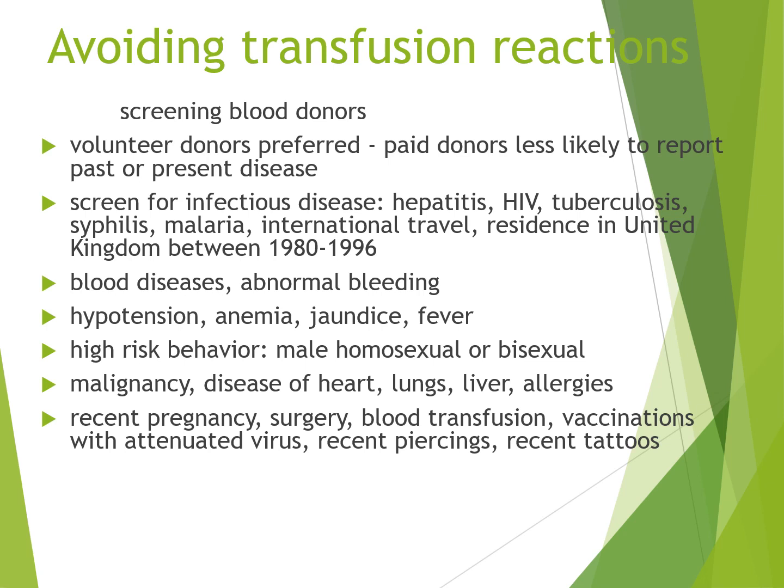Blood diseases, abnormal bleeding, hypotension, anemia, jaundice, fever, if they have any high-risk behavior, male homosexual or bisexual, which carries an increased risk for HIV, malignancy, disease of heart, liver, lungs, allergies, recent pregnancy, surgery, blood transfusion, vaccinated with attenuated viruses or live viruses, recent piercings, recent tattoos.